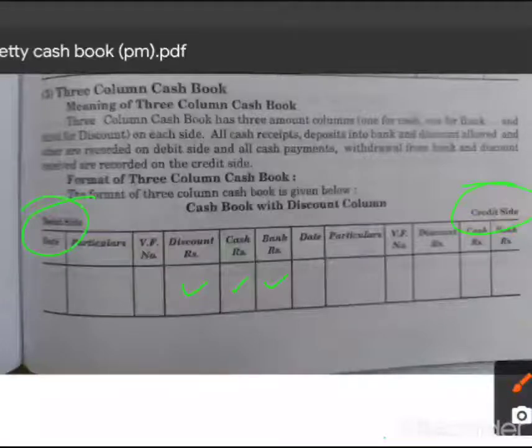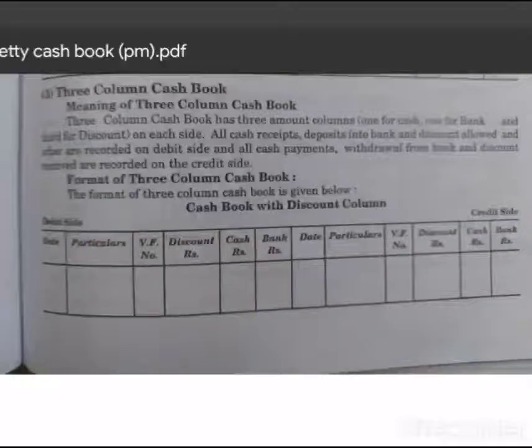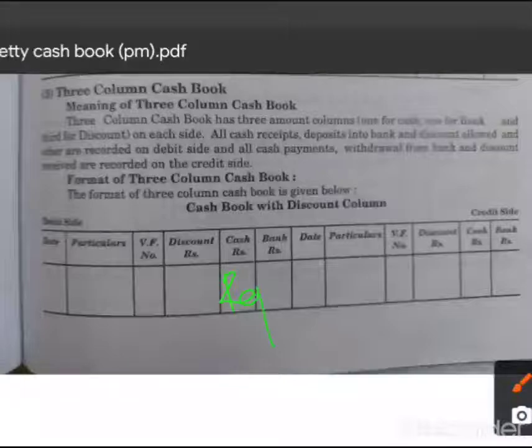Here what happens, all cash receipts, deposits to the bank, and discount allowed will be written in the debit side.